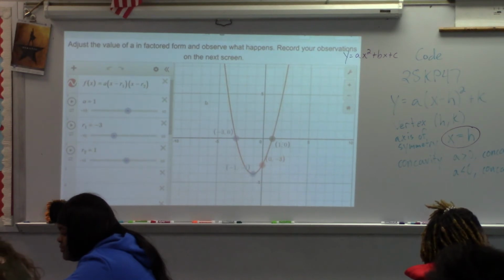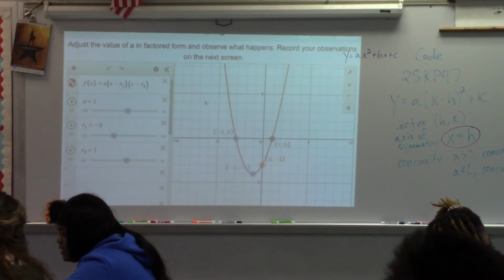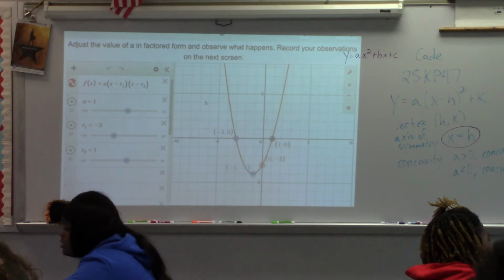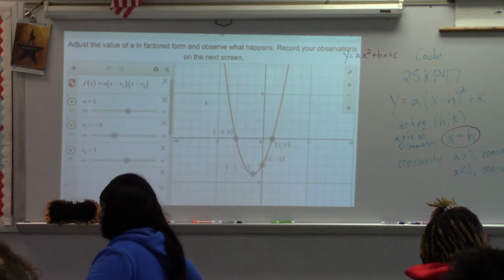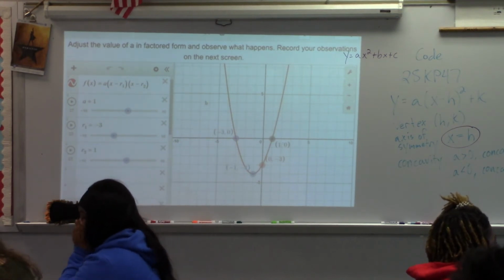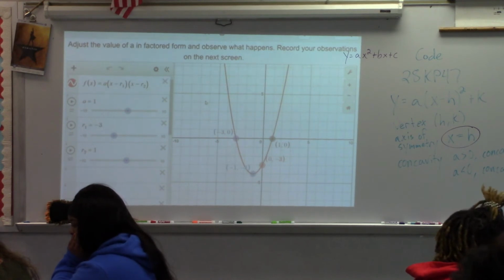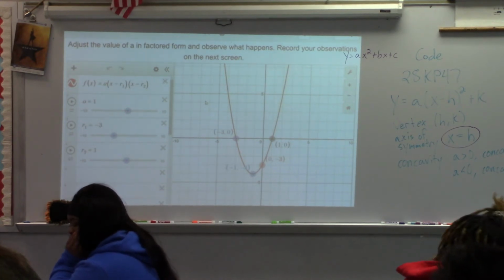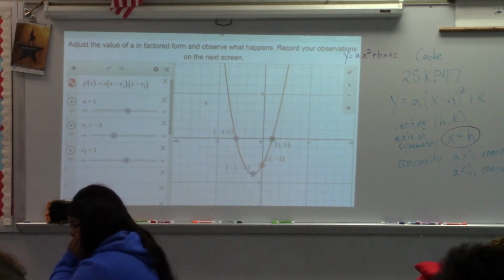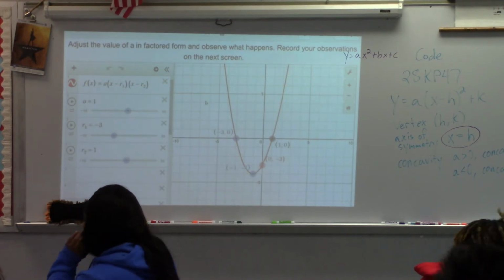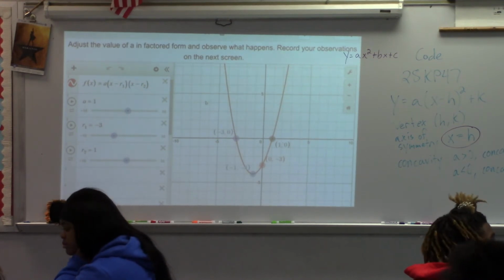Be careful. The y value is always 0. Because remember, the y-intercept is where we intersect the y-axis. And you have to be careful about that difference, because that'll confuse you in the future. So the y value is always 0, right? And so what kind of point always has a y value of 0?